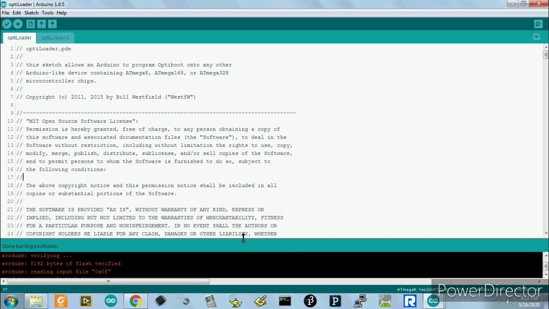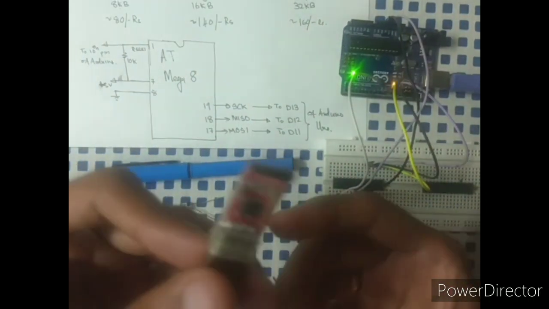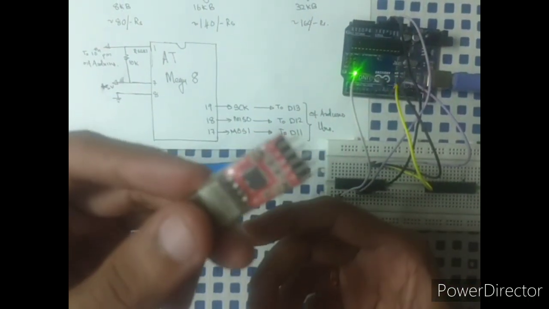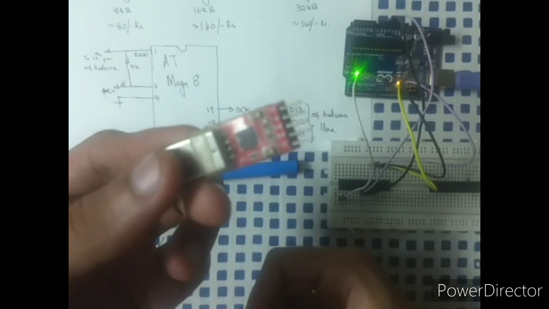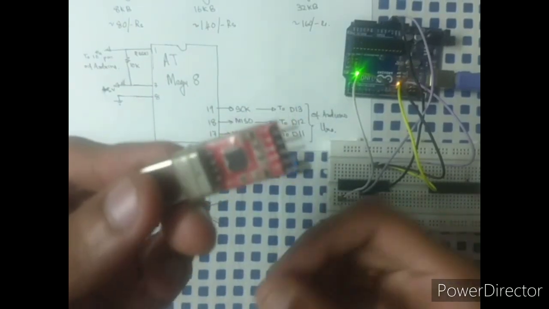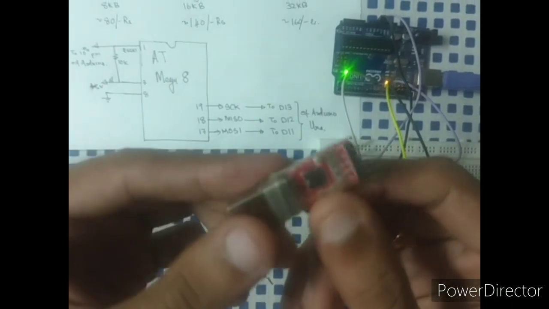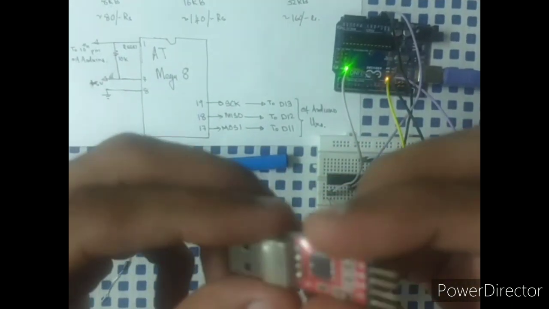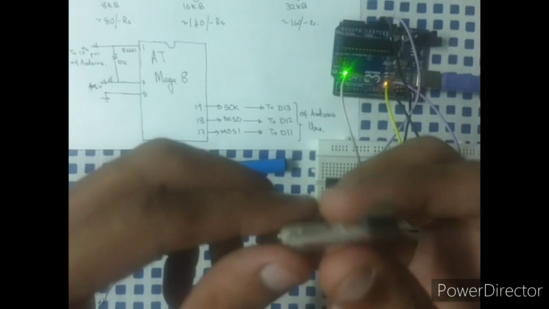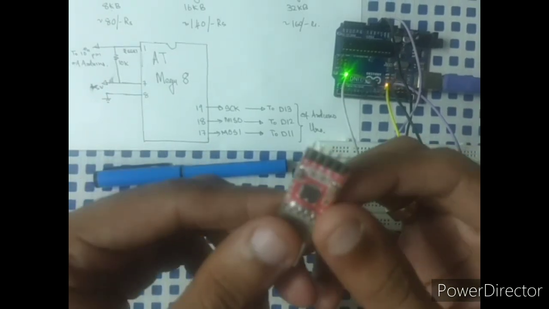So now what we have to do is try with a USB to serial converter to program the Atmega 8. So let's do that. I have successfully done with burning the bootloader. So this is a USB to serial programmer, but unfortunately it doesn't have a DTR pin, so using this USB to TTL converter we can't program the device.